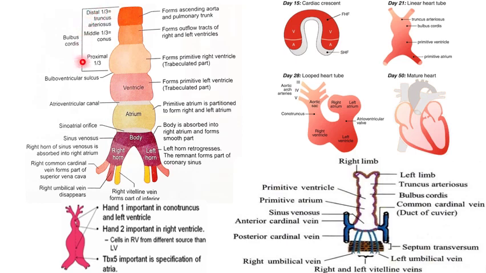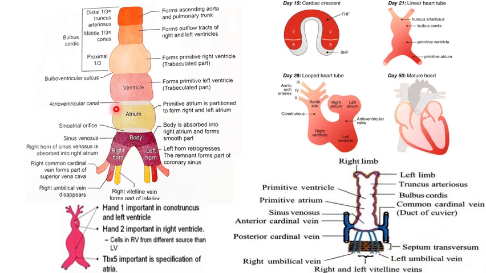So the whole of these three put together is the bulbus cordis, and next is the primitive ventricle. The constriction that appears between the bulbus cordis and the primitive ventricle is the bulboventricular sulcus, which is the first constriction to appear.